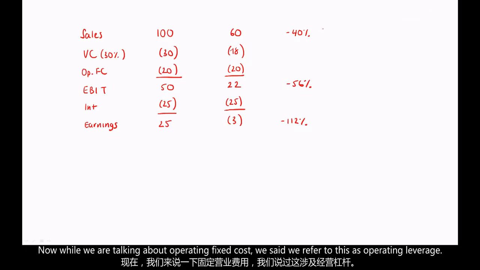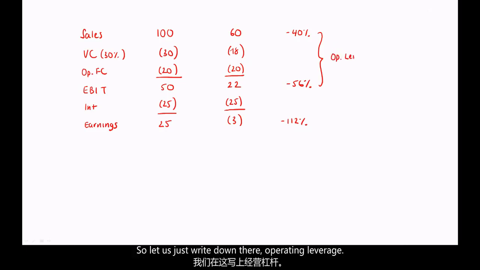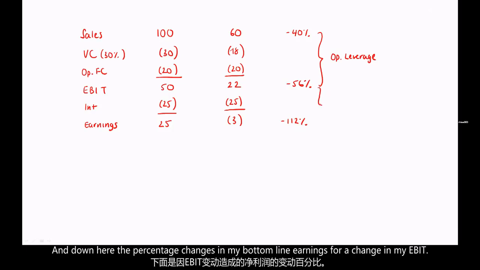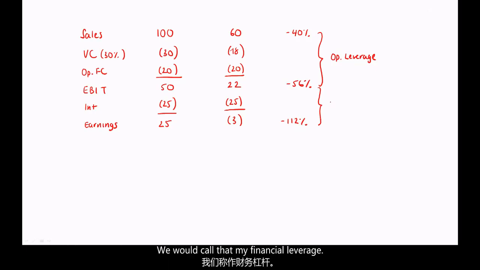Now, where we're talking about operating fixed costs, we referred to this as operating leverage, so let's just write that down. And then down here, the percentage change in my bottom line earnings for a change in my EBIT, we would call that my financial leverage.